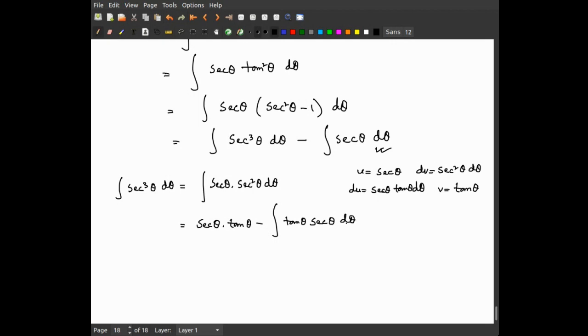Okay, now at this point, sorry, it is tan theta times du, so secant theta, another tan theta there. So what do you have? We have secant theta tan theta, so far good, minus this one is secant theta tan square theta.